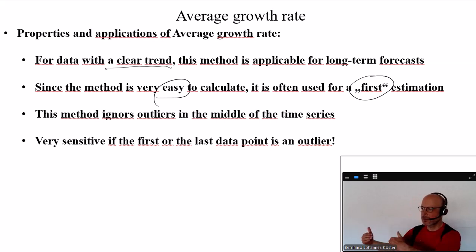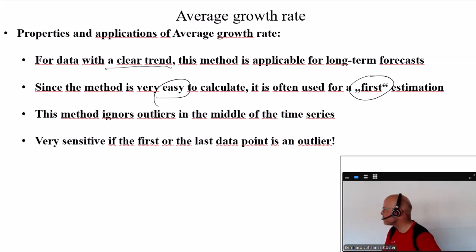So if you want to smooth your data in a way that you do not very much rely on these outliers, then quite often this method is used.